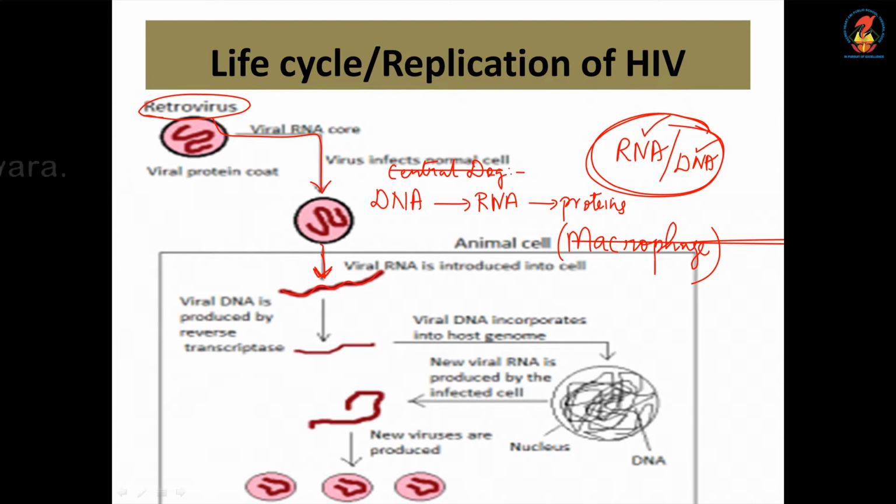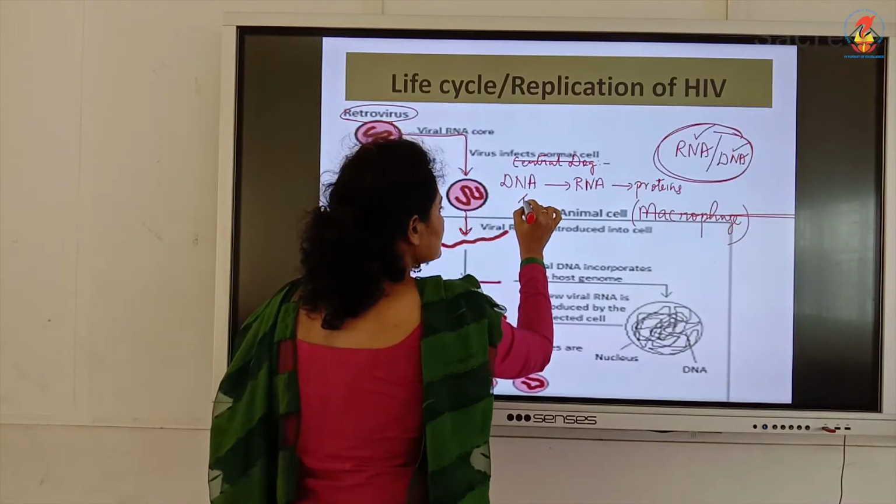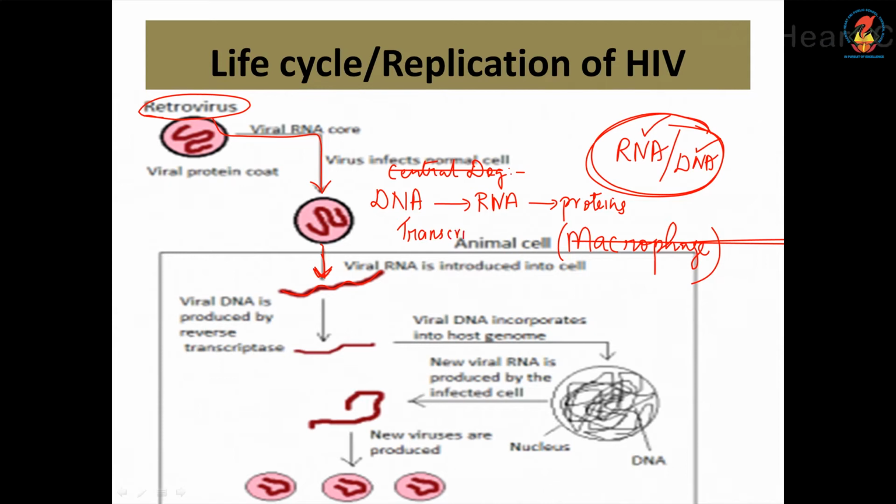So the process by which RNA is derived from DNA is called transcription. And the process by which from the RNA we get the protein is called translation. Now we are only bothered of this portion.